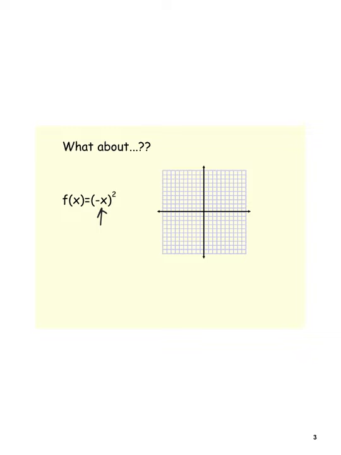Okay, so when we have something like this, now we've got the negative on the inside. Okay, so here, a negative on the inside. In this case, if we put, say, x equals 3 here, then that would be negative 3 squared, which is 9.